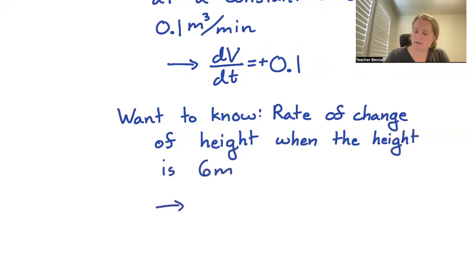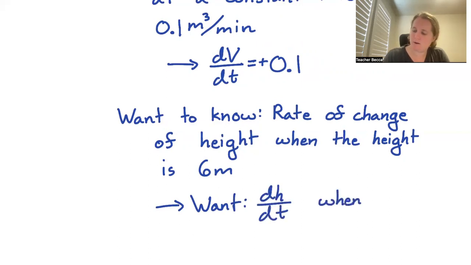So essentially, we want dh/dt, that's our rate of change of height, when h is equal to 6.